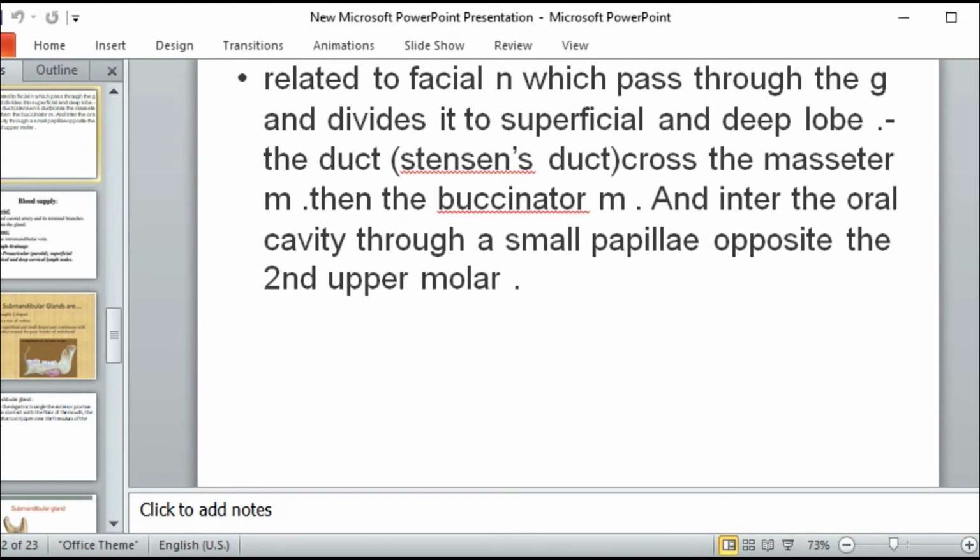With the tip of the tongue, you can feel this small papilla. It's the duct of the parotid gland opposite the upper second molar. The duct name is Stensen's duct.